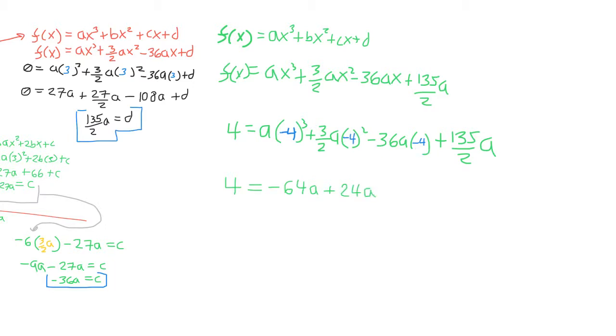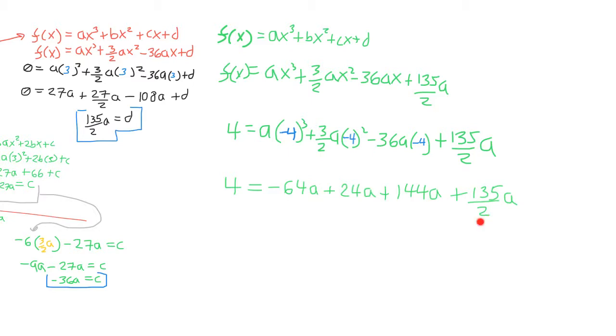This negative 4 times negative 36, well, we know it's going to be positive, and it's going to be 4 times 36, which is 144a. And then we have plus 135 over 2a. Okay, so looks like we're going to have to combine all of these like terms.